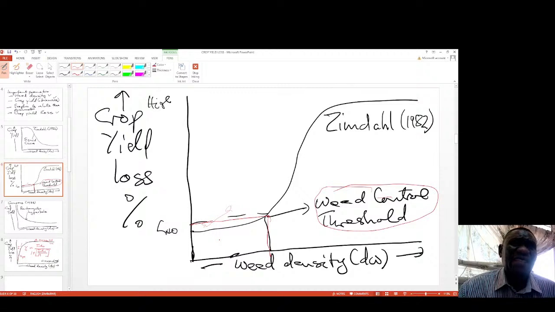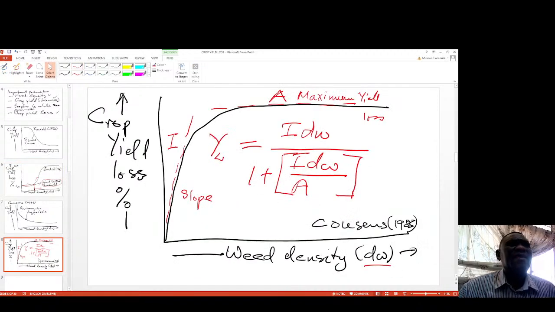But after a certain density, going this direction, you have an increase in crop yield loss. But on Cousins' graph, straight away there's a loss.